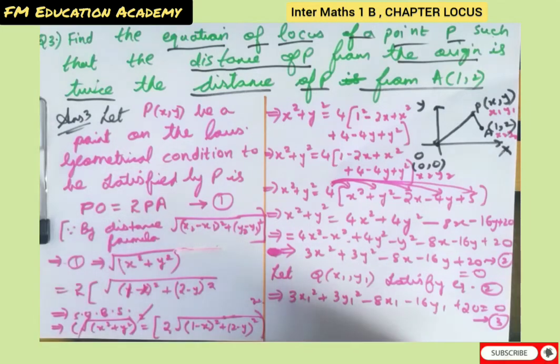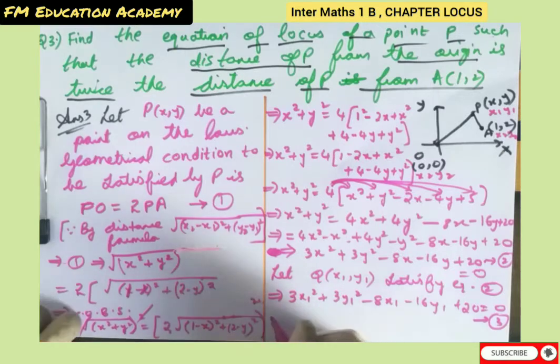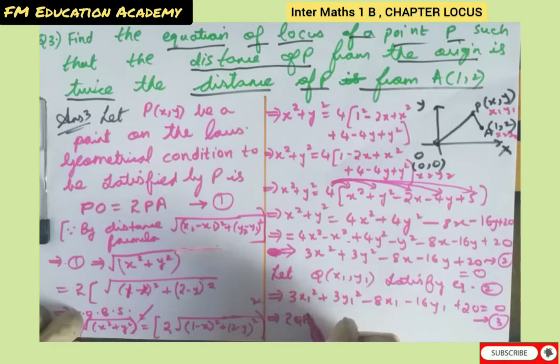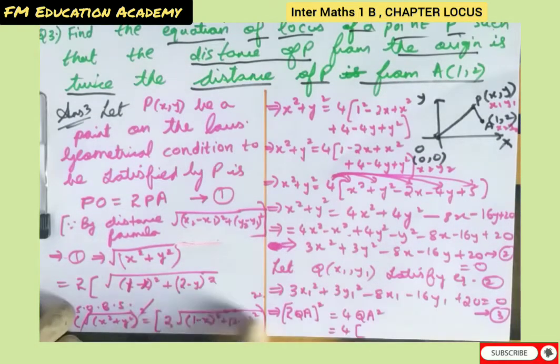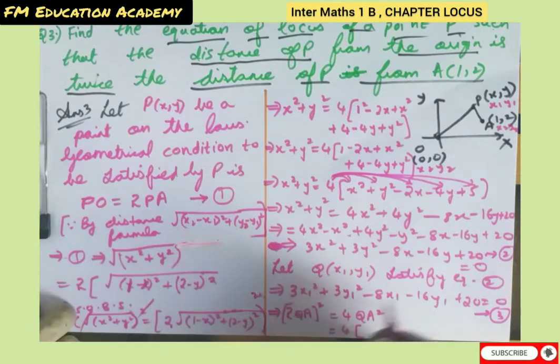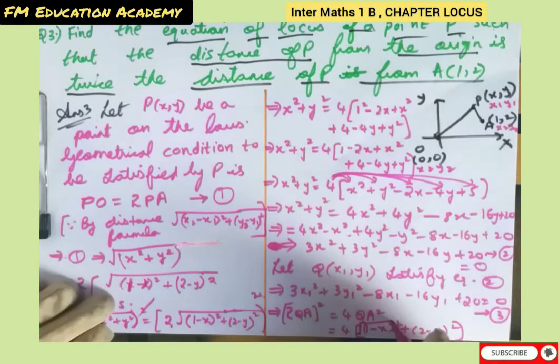So we have to find 2QA; when we square both sides, it will become 2QA whole square, which is nothing but 2 2s are 4, 4QA square. So 4QA square is, we know, root of (1 minus x) whole square plus (2 minus y) whole square, whole squared. So square and root get cancelled.